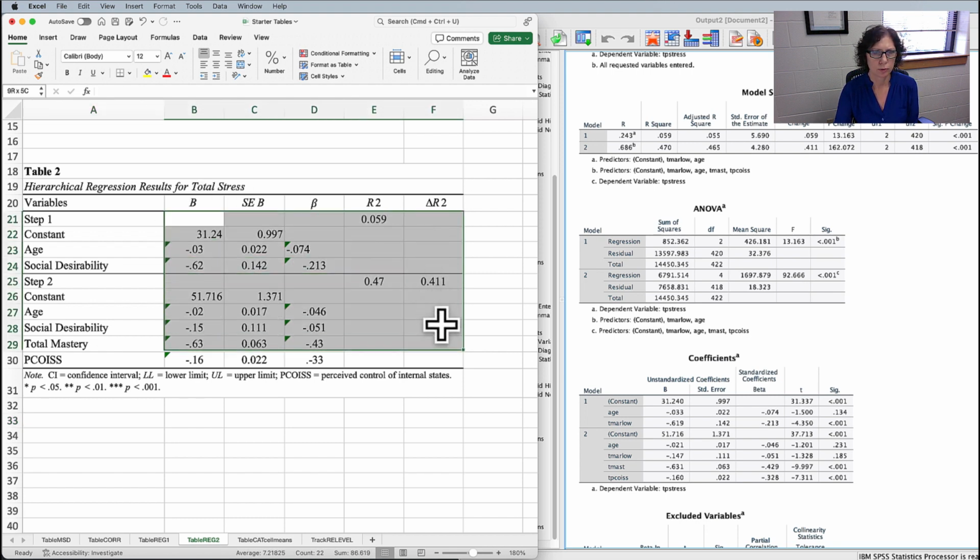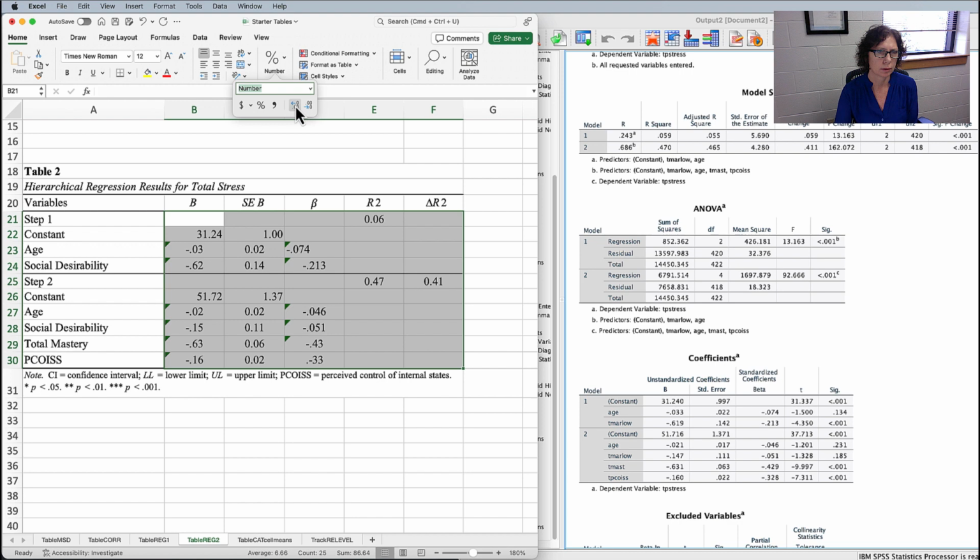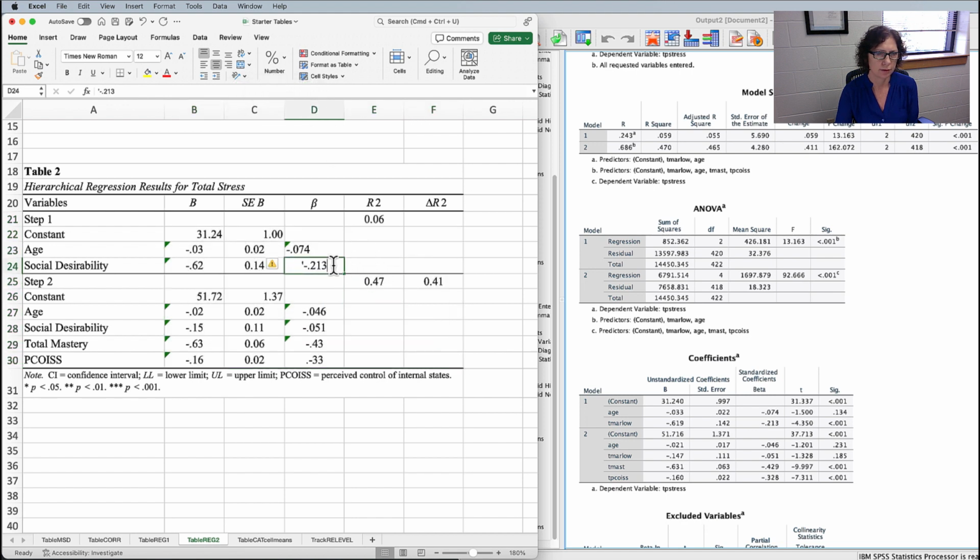Okay, so I'm going to at least make sure it rounds to 2 places for anything that's a number. And I did round everything to 2 places, I think, most of the time. Looks like I need to fix that one.